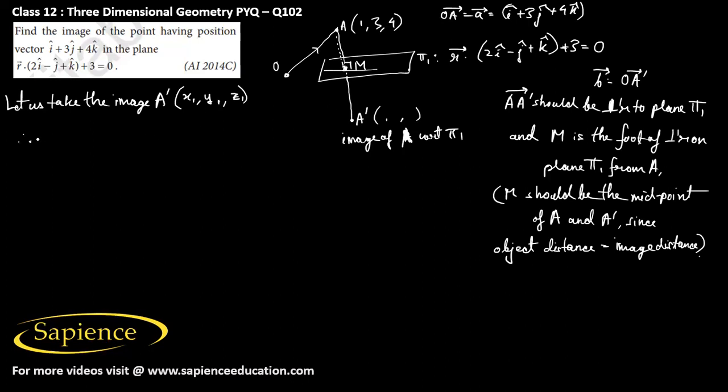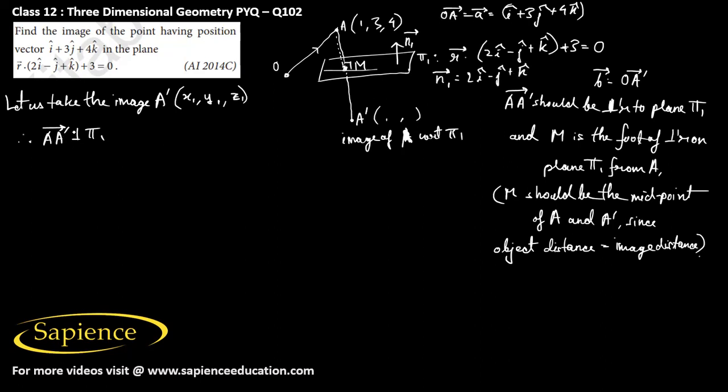Since the AA dash vector is perpendicular to the plane pi1, the normal vector n1, which is the normal vector to the plane pi1, will be 2i cap minus j cap plus k cap, obviously.